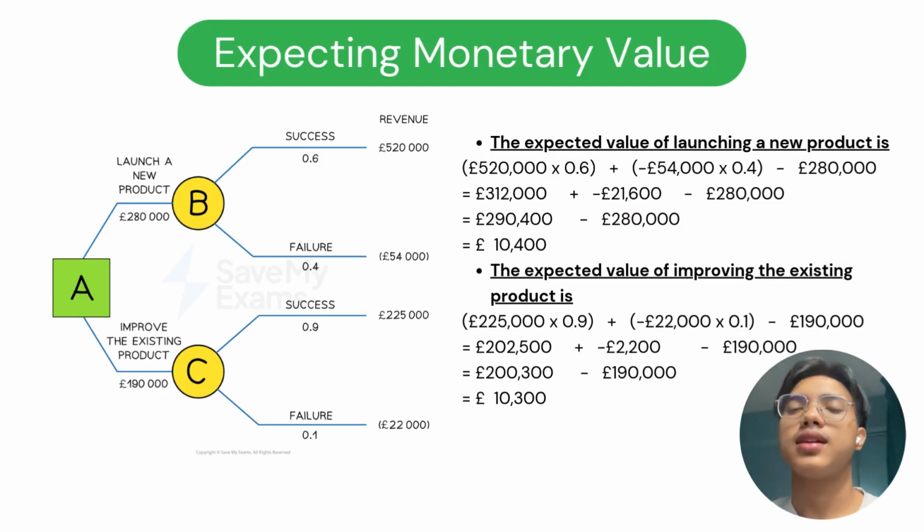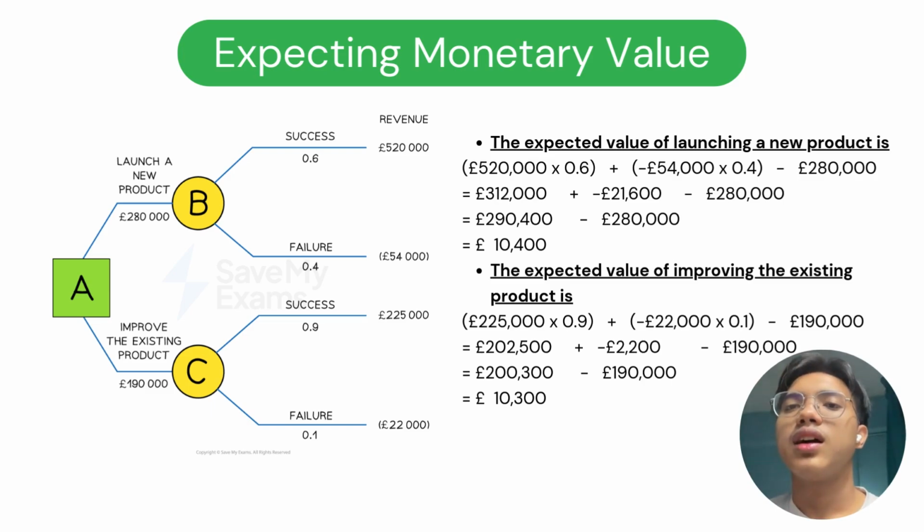So this is another example of a decision tree. A business organization can use this type of decision tree to identify the monetary value of each option in their business. As you can see in this decision tree, in launching a new product, there's a 0.6 probability of success and a 0.4 probability of failure.